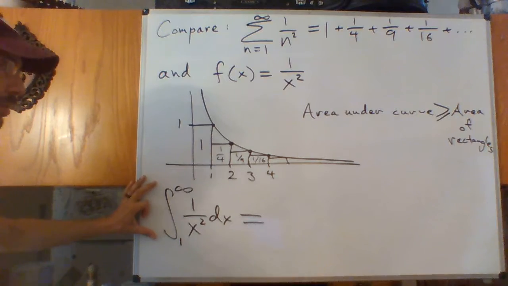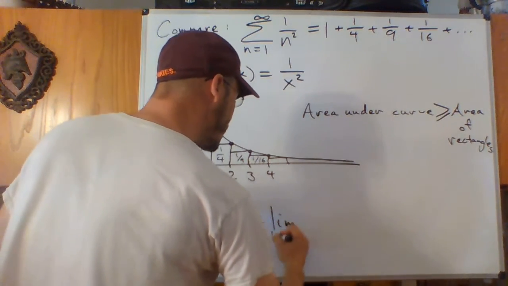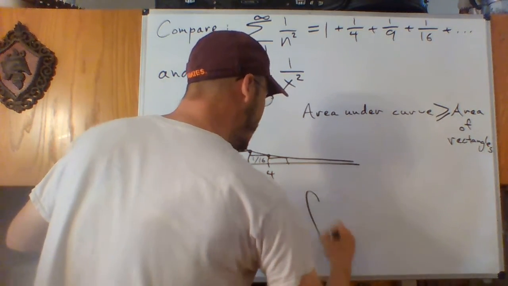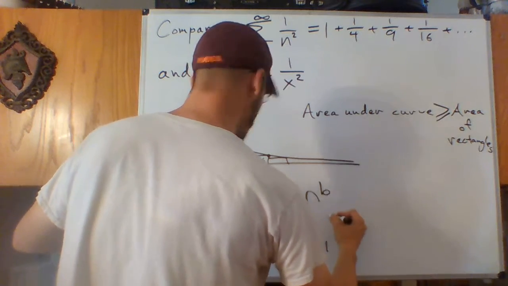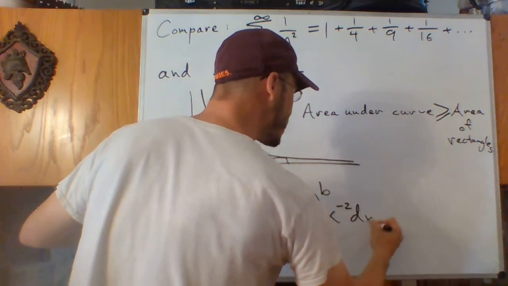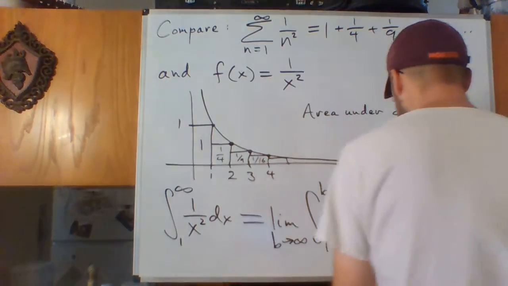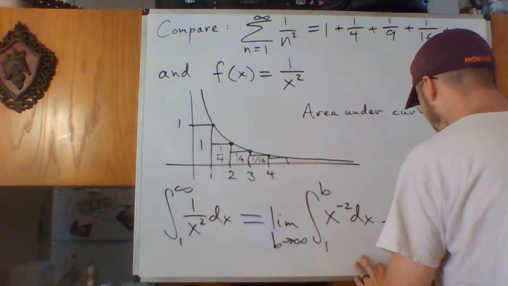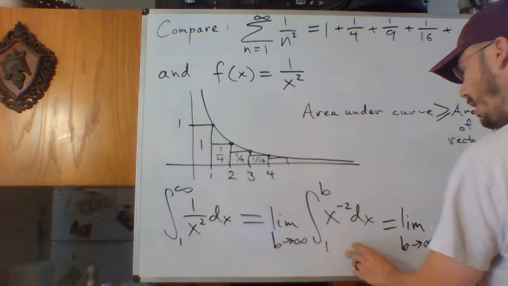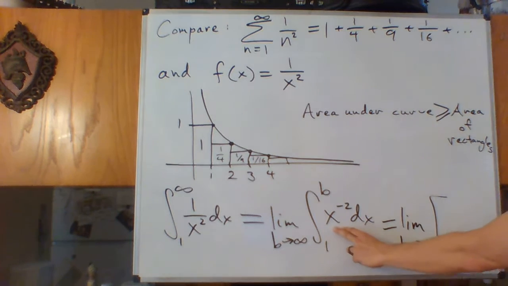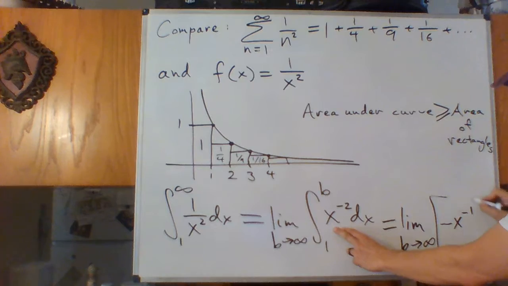That's an improper integral. I'm going to have to do the limit as b goes to infinity of the integral from 1 to b of x to the negative 2 dx. And here I do use my power rule. The antiderivative of x to the negative 2 is negative x to the negative 1.